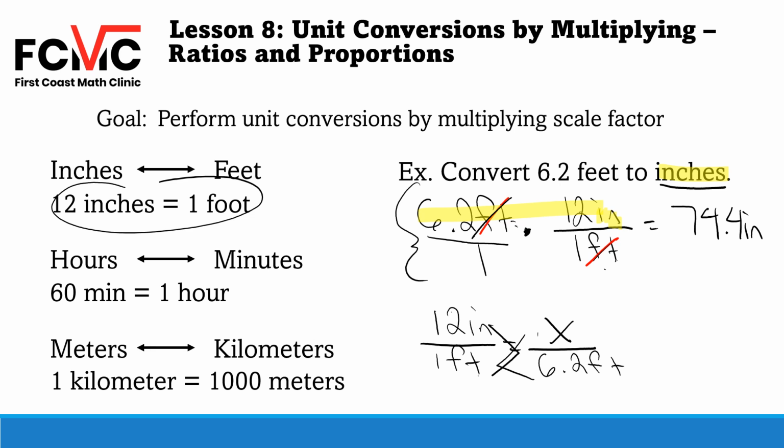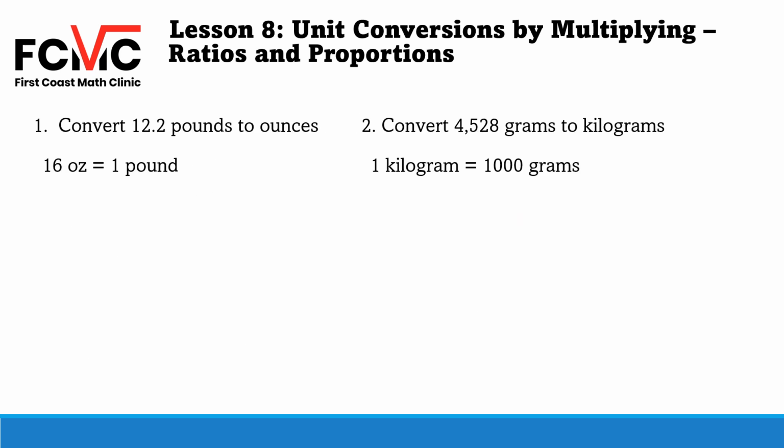So let's do a couple more examples where we use multiplication to do our unit conversion. Number 1, let's convert 12.2 pounds to ounces. We know our conversion ratio, 16 ounces is 1 pound. So 12.2 pounds times, well, I want my label to be ounces. I want the pounds to cancel out.